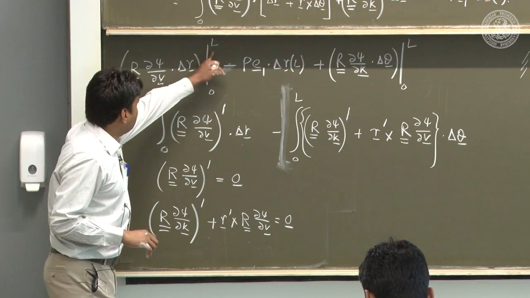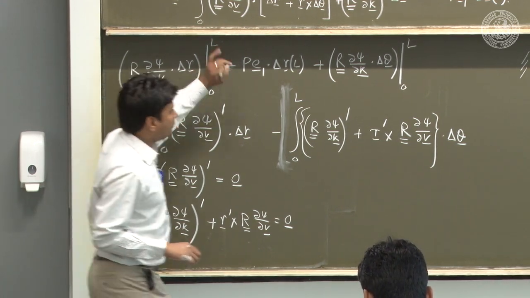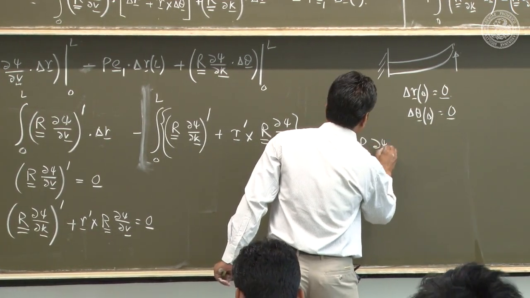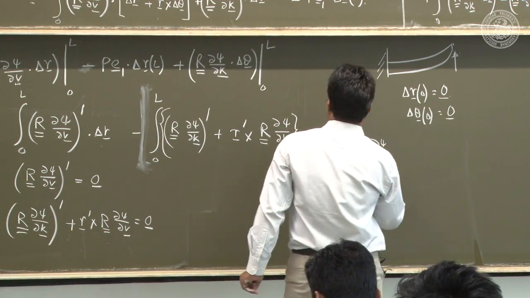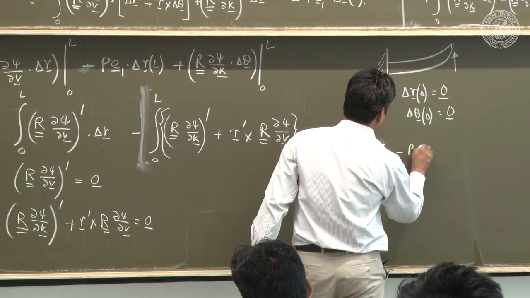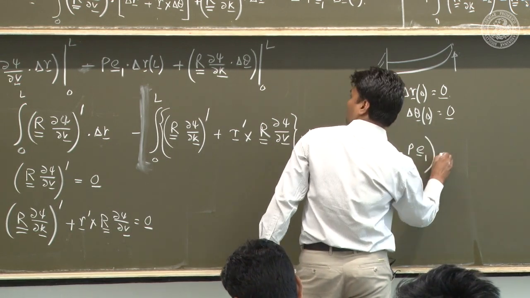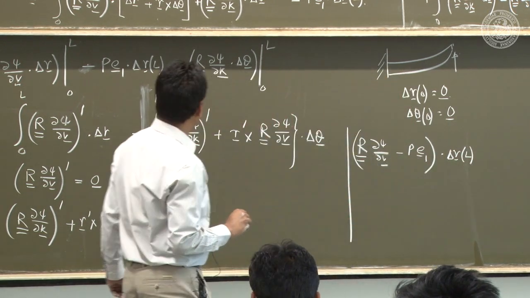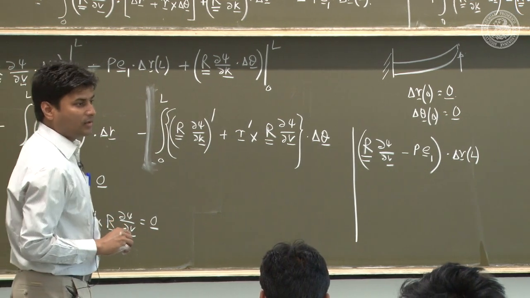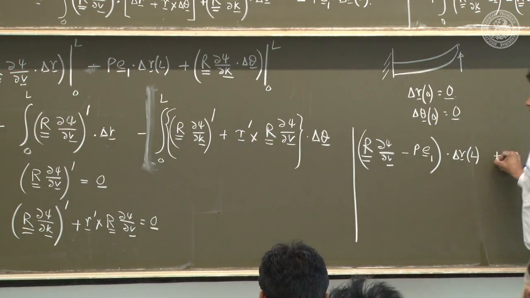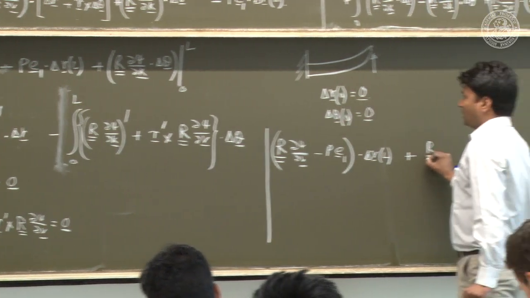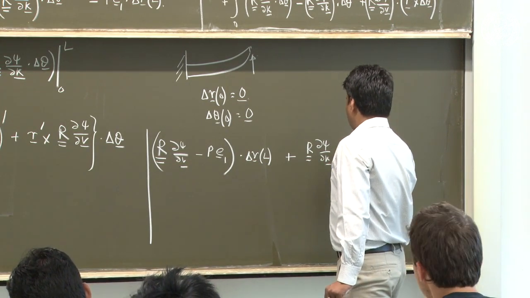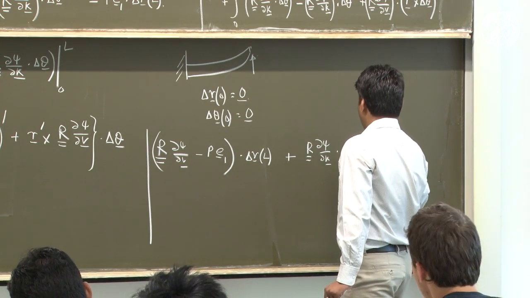So here you have at L, big R del psi over del V minus PE1 dot delta R at L plus big R del psi over del K dot delta theta at L. So that is also equal to 0.